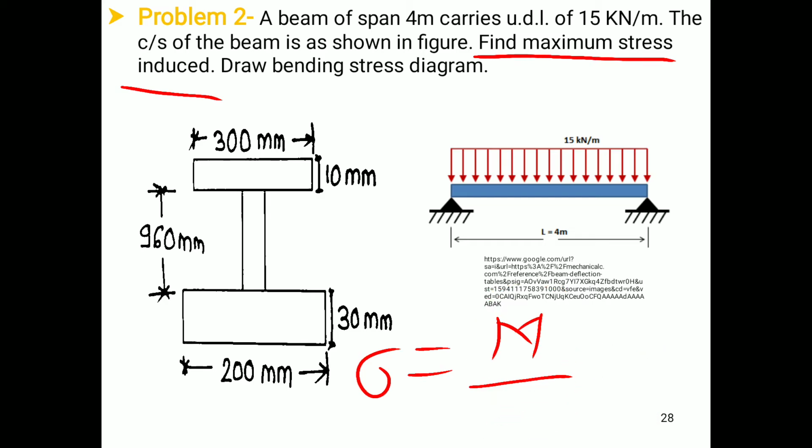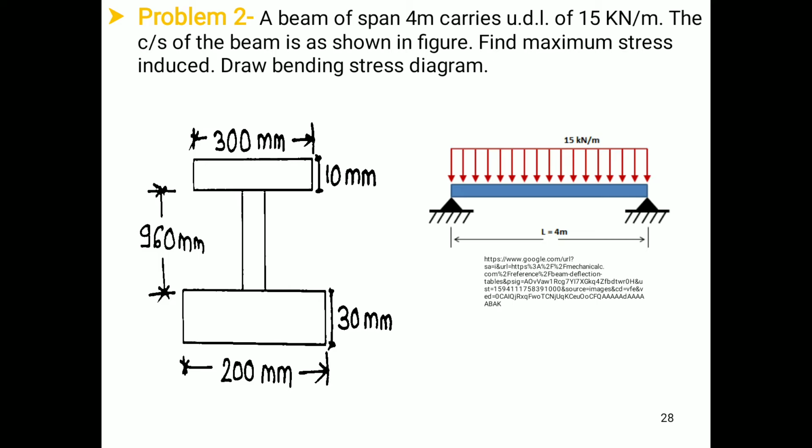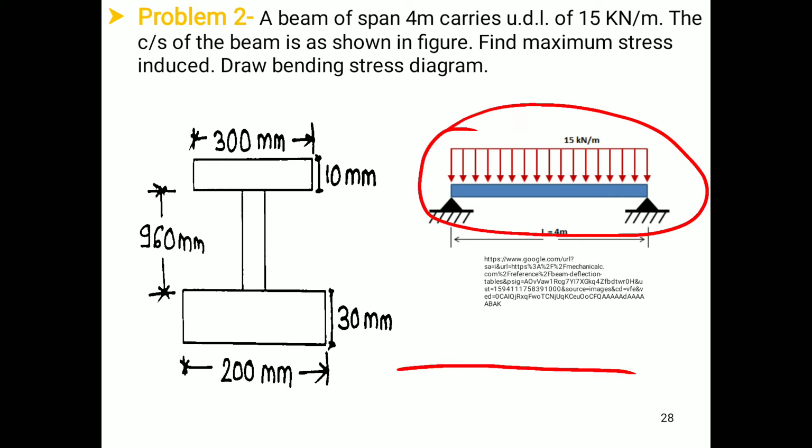As the beam is simply supported over the two supports and it is subjected to a UDL of intensity 15 kN per meter, therefore the maximum bending moment for this particular loading, we have in this manner.